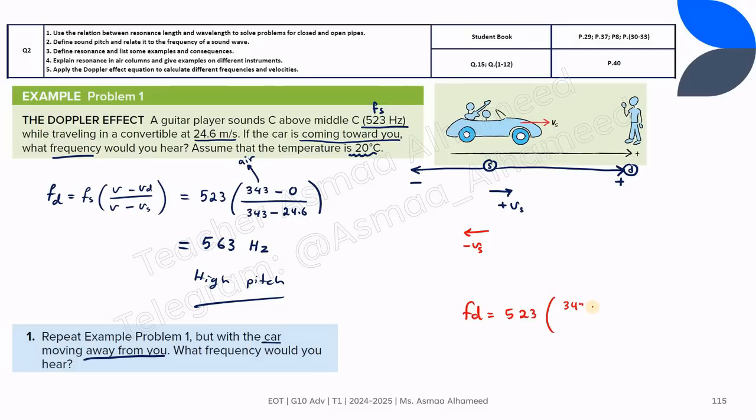We have 343 minus 0 over 343 minus, from the equation, but this will be negative 24.6, and the answer will be 488 Hertz. The number is going down, so you are hearing a lower pitch because the car is going away from you.